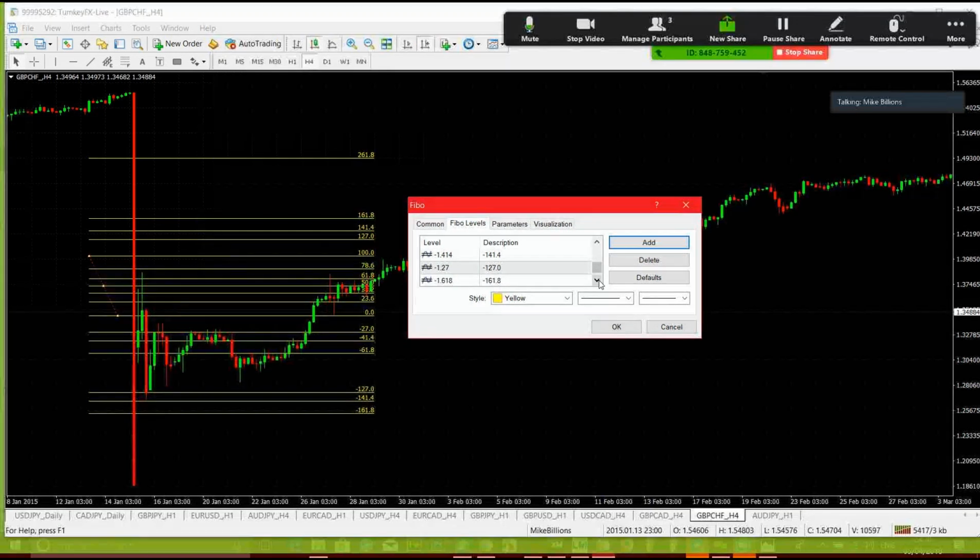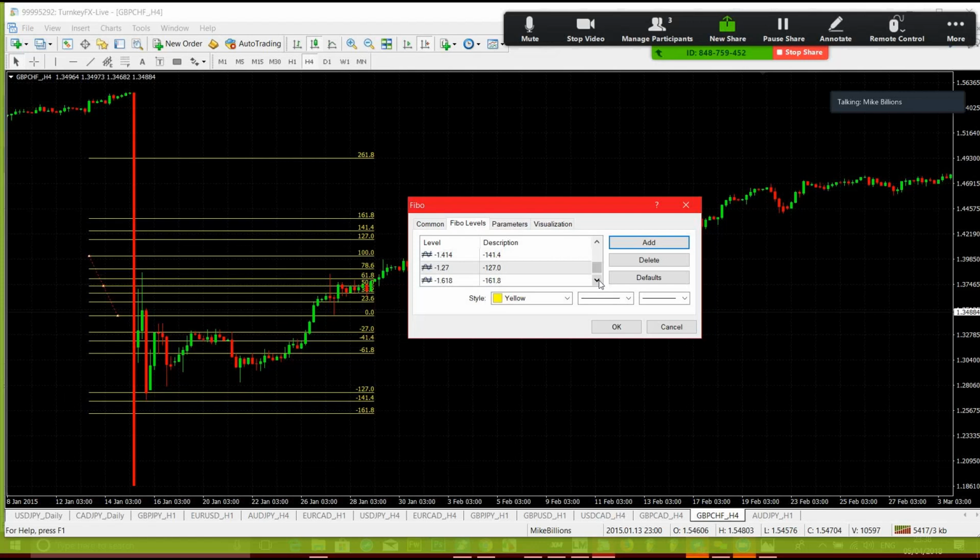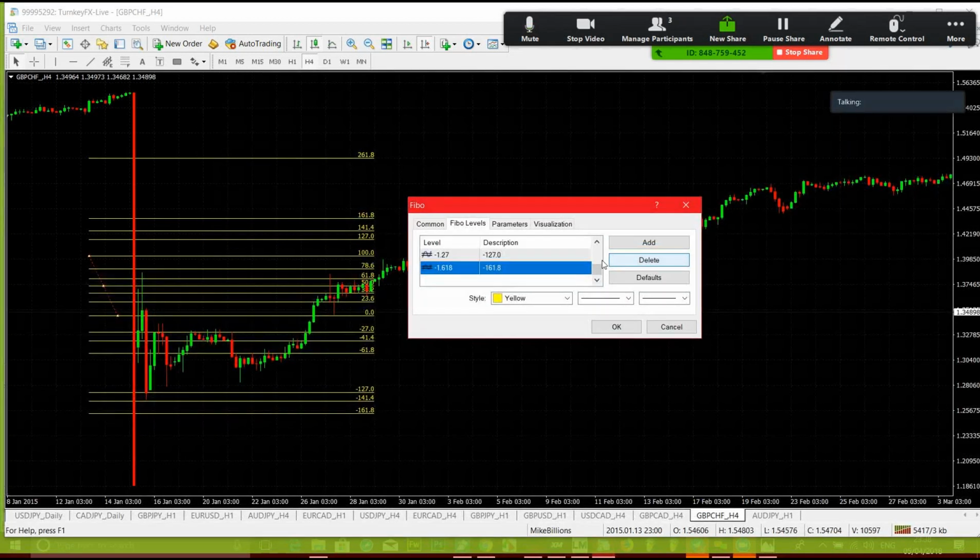The next one is minus 1.27 level and minus 127 description. The last one is minus 1.618 level and minus 161.8 description.